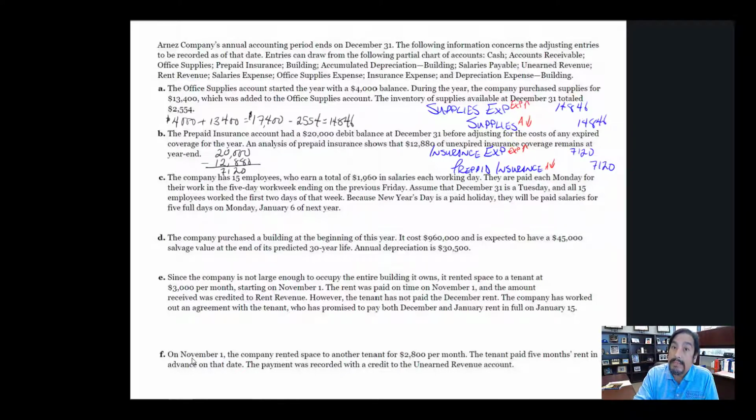We paid them and we expensed those salaries expense. Today is December 31st. We haven't recorded another expense. We'll do that next Monday. So today we need to record the salaries that happened yesterday, this first Monday, and today, Tuesday. So we need 2 days of salaries.